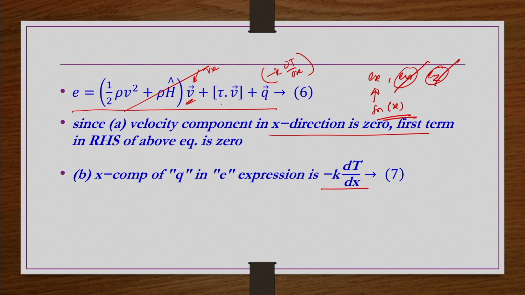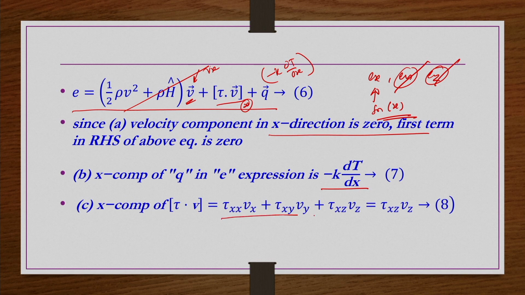And then tau dot v, its x component, if you see, is tau xx Vx plus tau xy Vy plus tau xz Vz. This we have also seen previously, right. So, now Vx is 0, Vy is 0, Vz is there, and tau xz is also there. So, tau xz Vz.